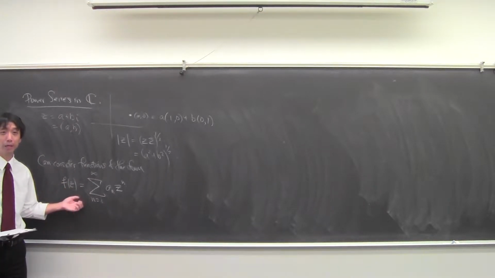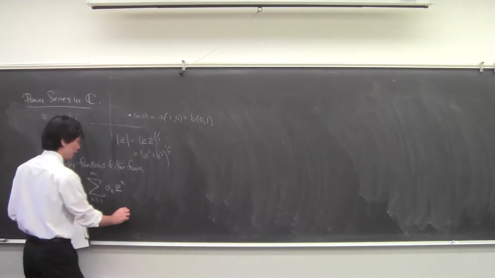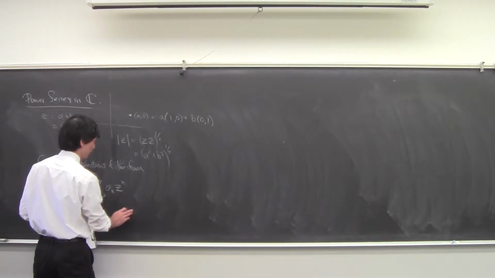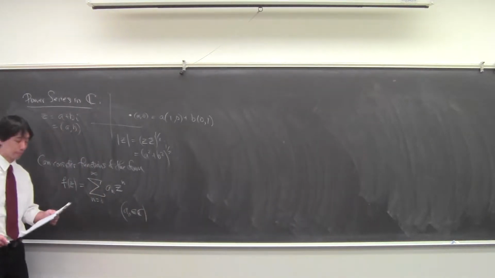Just like we did for real numbers, we can do the same thing for complex numbers, where a sub n are your coefficients, but we allow them to be complex numbers.